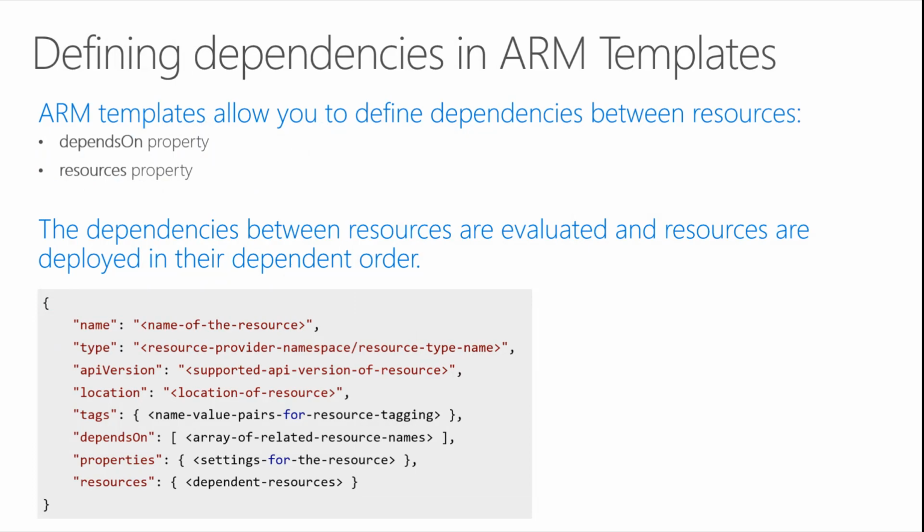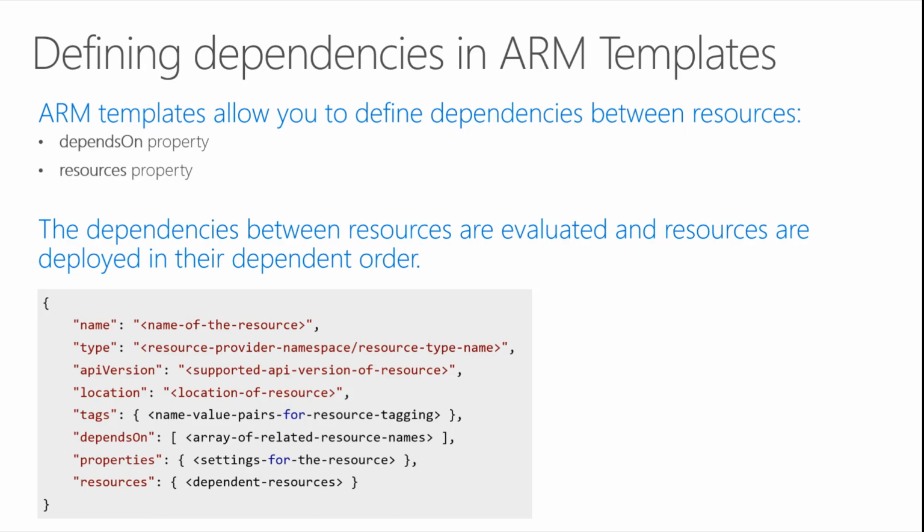Defining dependencies in ARM templates. Sometimes before you deploy one thing, you need to make sure something else is there in advance. So we can define dependencies between resources, using the dependsOn property and the resources property. The dependencies between resources are evaluated, and then the resources are deployed in their dependent order.